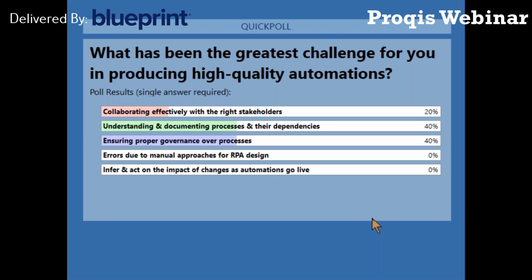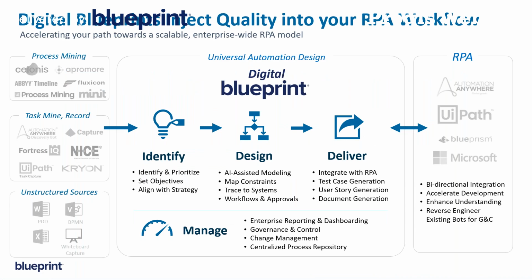Now, global leaders, as we mentioned, across industries are increasingly adopting Blueprint's enterprise automation suite to identify, design, deliver, and manage these automations in order to scale the scope and impact of their RPA programs. At the heart of the platform is what we call a digital blueprint. And digital blueprints are much more than just process models.